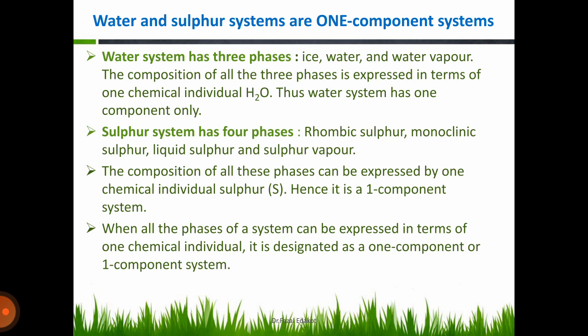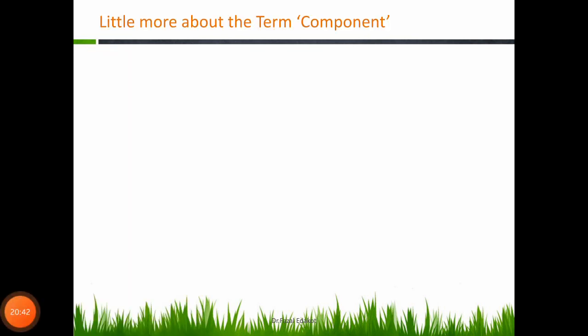You take sulfur, it could be the allotropes, it could be the solid, it could be the liquid, or it could be the sulfur vapor. For all of them, there is only one chemical identity, that is sulfur. The composition of all these phases could be expressed by sulfur. So it has only one component. When all the phases of the system can be expressed in terms of one chemical individual, it is designated as a one-component system.